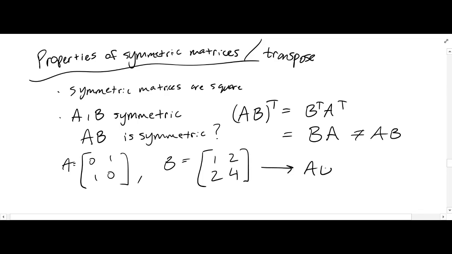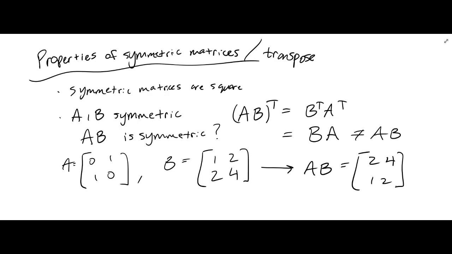Also, if you do A times B, you're going to get... Well, if you do BA and transpose that, then don't you just get A transpose B transpose, which equals A times B, so therefore AB is symmetric? No, because AB transpose is B transpose A transpose.